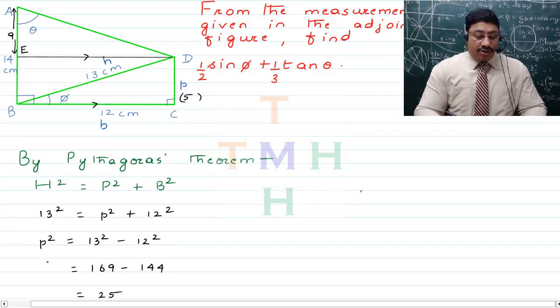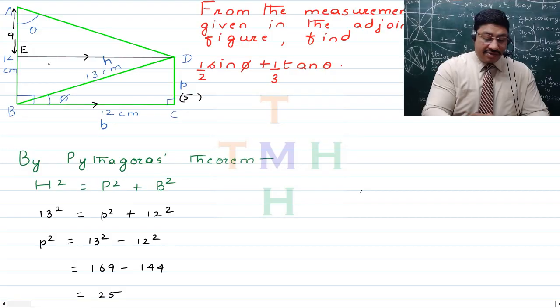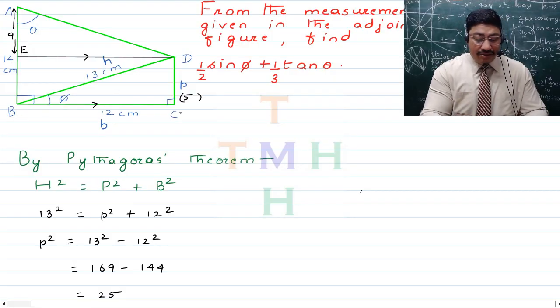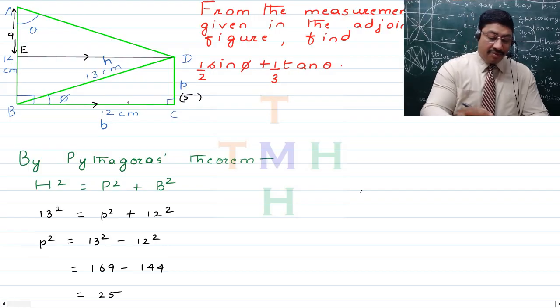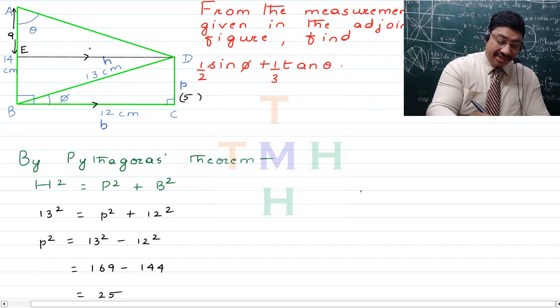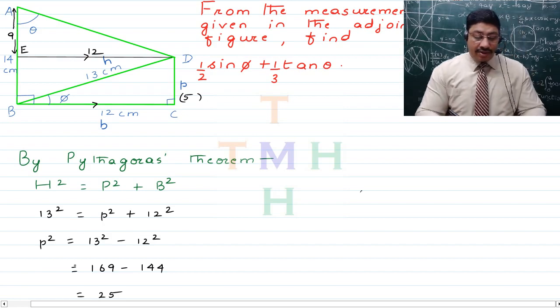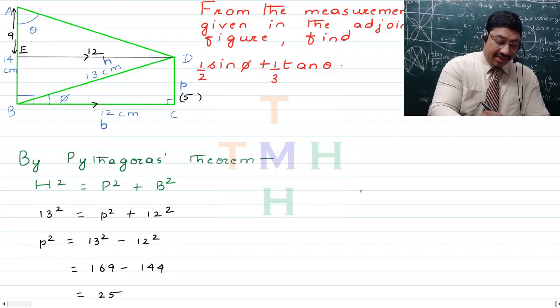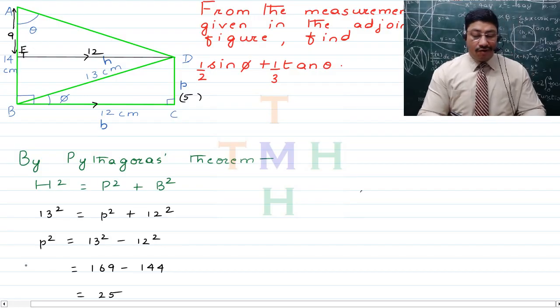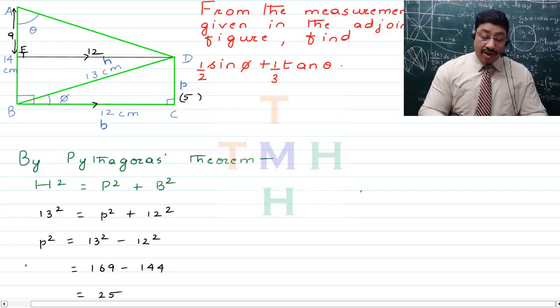Okay, so we have this length, and obviously the length of ED, as it is parallel to BC, and as EDCB is forming a rectangle, the opposite sides will be equal, and this length ED will also be equal to BC, and thus it will be 12 centimeter. So now you have this, right? And very easily, if required, you can find out the value of the hypotenuse, but here we won't require to find out the value of the hypotenuse, as we are talking about tan theta.